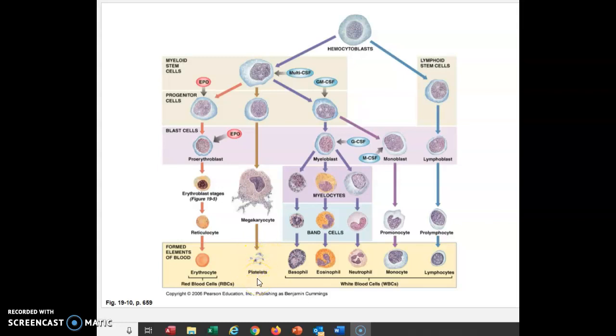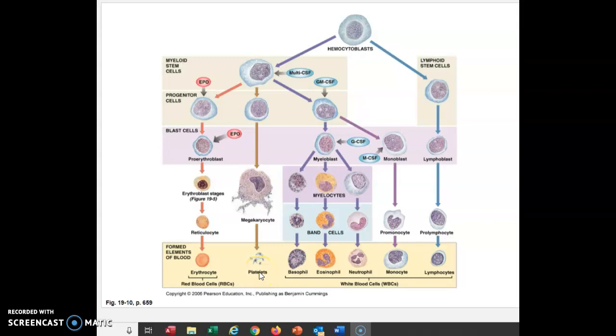So if we said, where do platelets come from? And of course, they're part of what we use to help clot our blood. We say, well, platelets are fragments of a megakaryocyte. A megakaryocyte was from the myeloid stem cell. As all these cells were, it started out as a stem cell called a hemocytoblast that got exposed to only multi-colony stimulating factor.